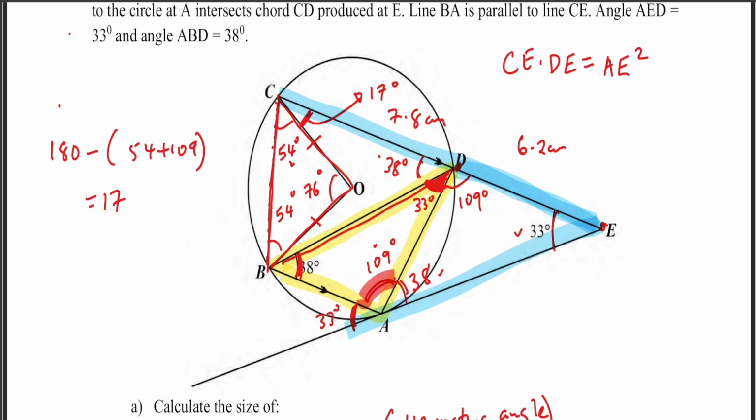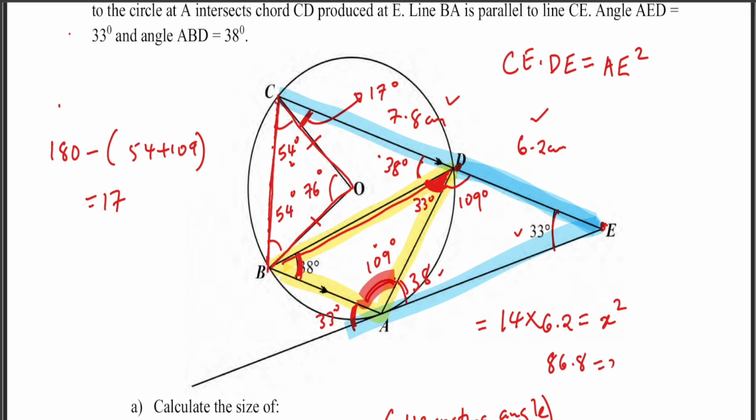CE is the summation of 7.8 plus 6.2, which gives us 14. Multiply by DE, 6.2, gives you AE squared, which we don't know. Let's say x squared. So 14 times 6.2 is 86.8.